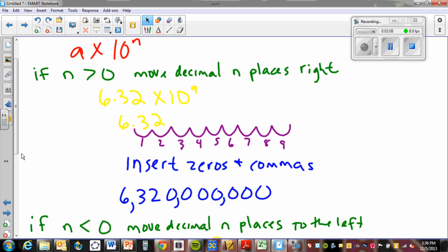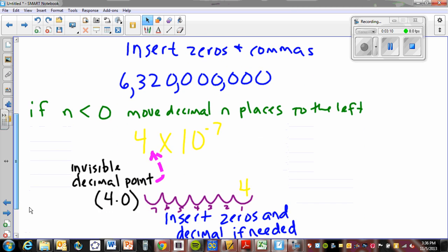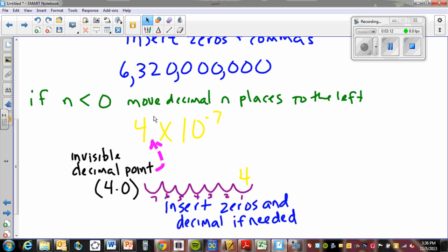Okay? Now, if the number is negative, if it's less than 0, we're going to be moving the decimal to the left. So here we have 4 times 10 to the negative 7. If you just have a number by itself, there is a decimal point here. You just cannot see it. It's the same as 4.0. So our decimal here, we're moving it 7 places to the left because it's negative. 1, 2, 3, 4, 5, 6, 7.